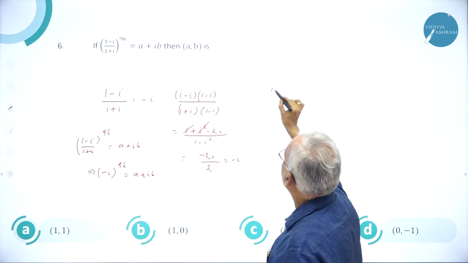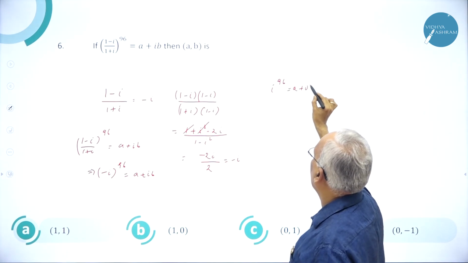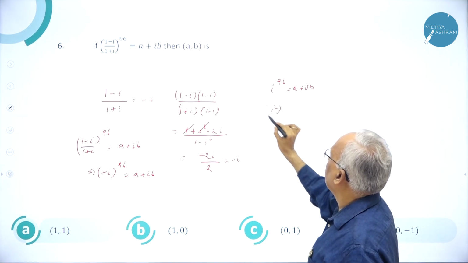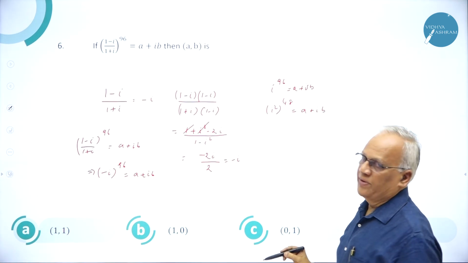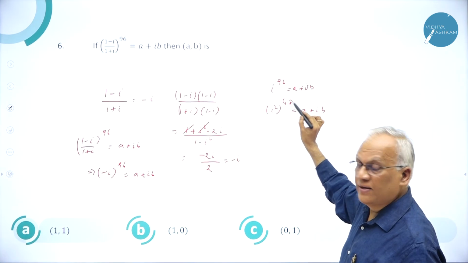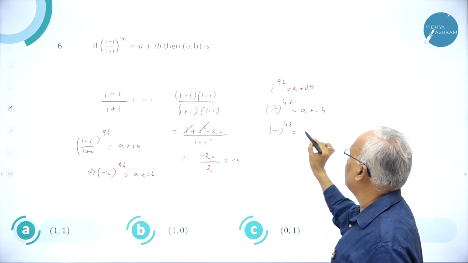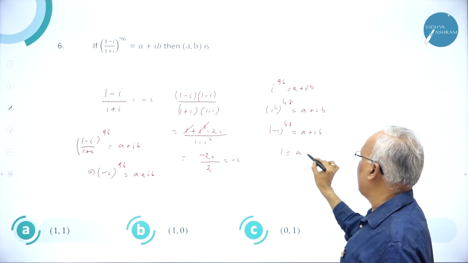So it is i to the power 96 equal to a plus ib, step 1. Now this can be written as (i squared) to the power 48. i squared is minus 1, and luckily it is minus 1 to the power of an even number. So it is (minus 1) to the power 48, which is nothing but 1, equal to a plus ib.